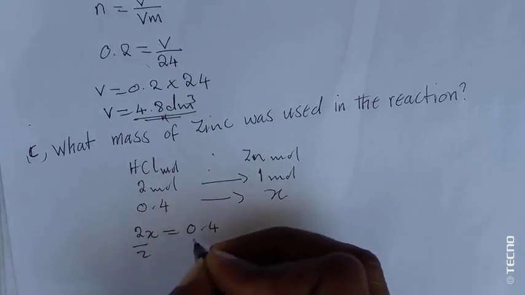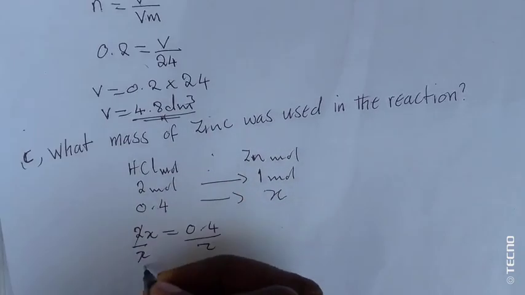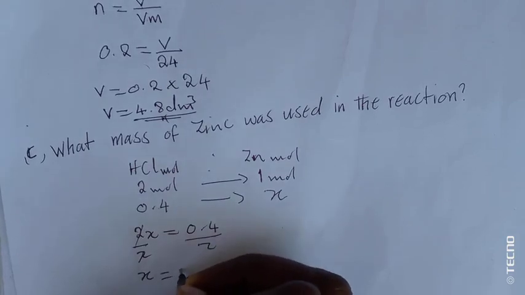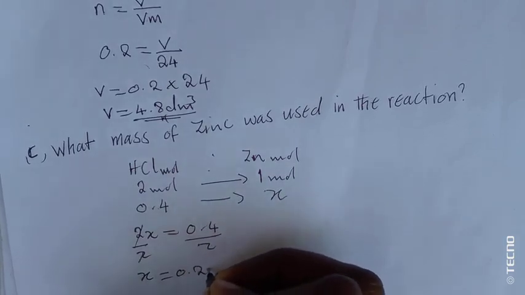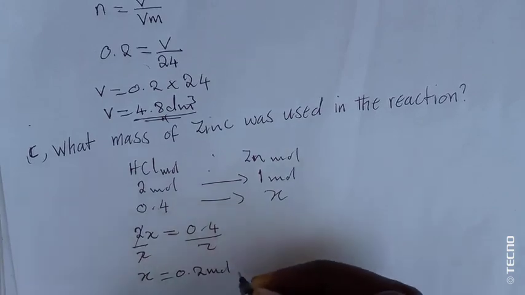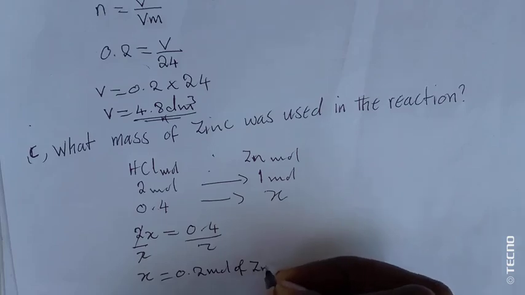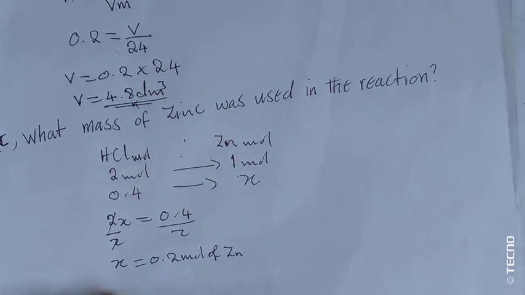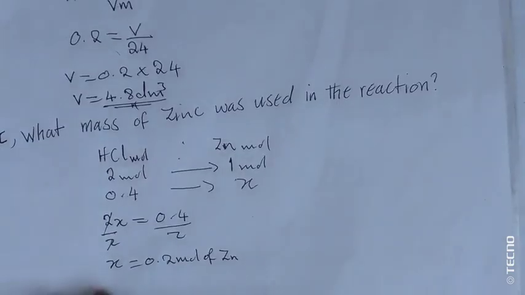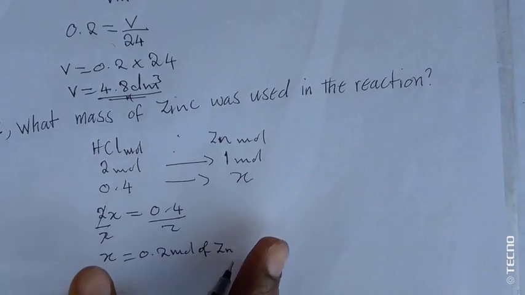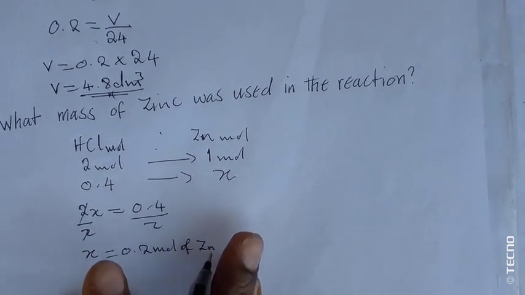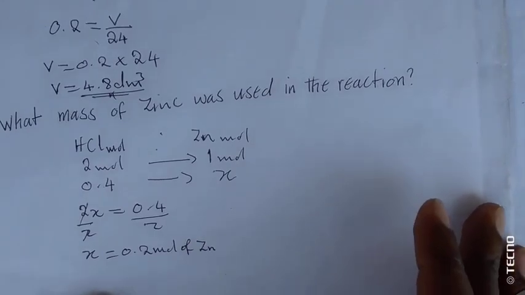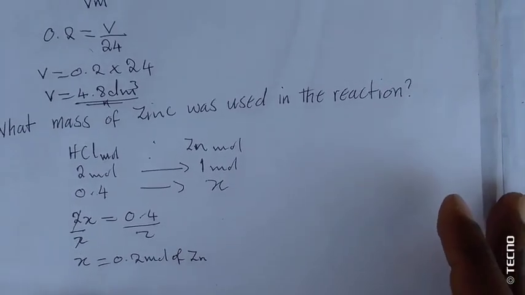So 2 over 2, there goes. So our x is equal to 0.2 moles. So this is moles of zinc which was used. Having the moles of zinc which was used, then we can find the mass of zinc.